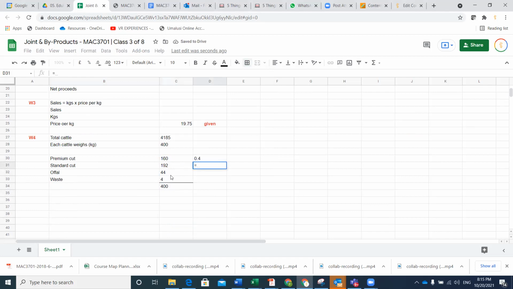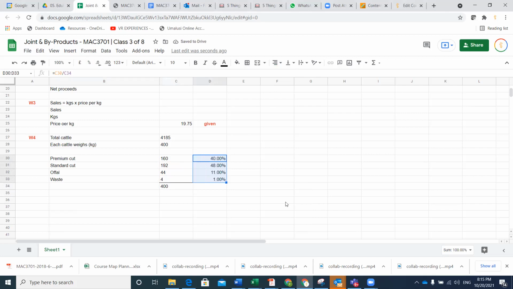For each cattle, standard cut makes up 48%. For each cattle, offal makes up 11%. For each cattle, waste makes up 1%. Okay, so there we go.